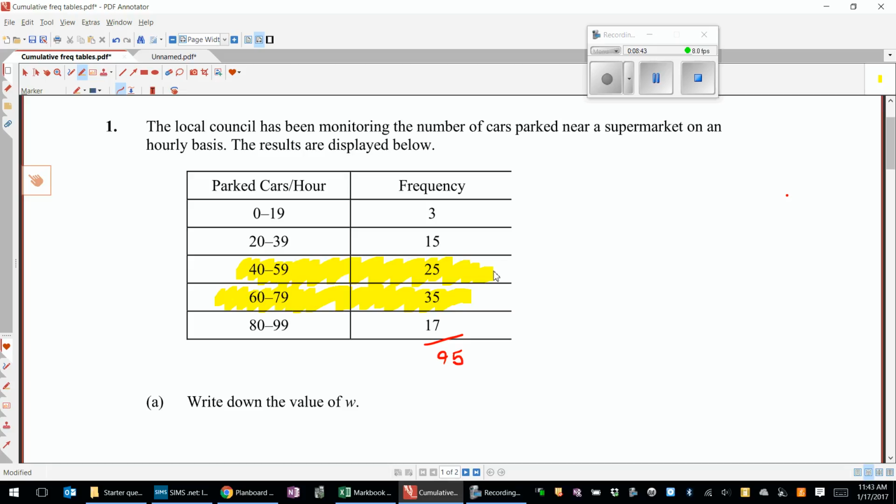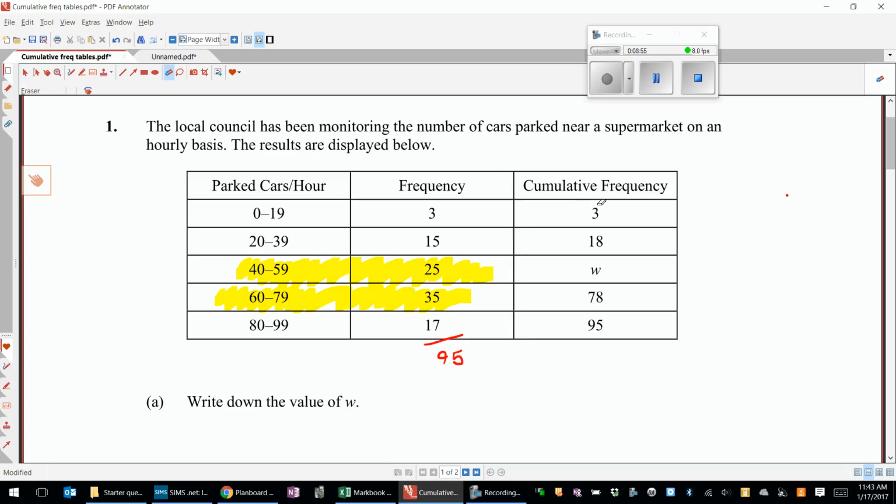What we've got to do though is turn this frequency data into cumulative frequency. So what they've done is they've already added that onto the table, right? And most of the time in a test, you've just got to figure out one of the values, so you don't have to do them all. Does anyone know how to find these values? I do. You add the previous one. So the first one's going to be 3, then 3 plus 15.